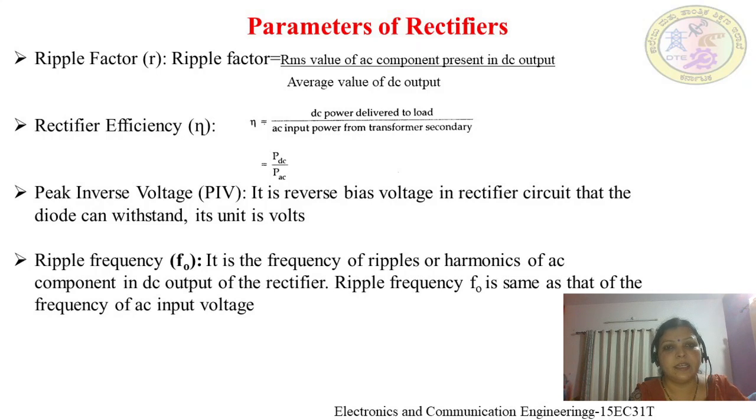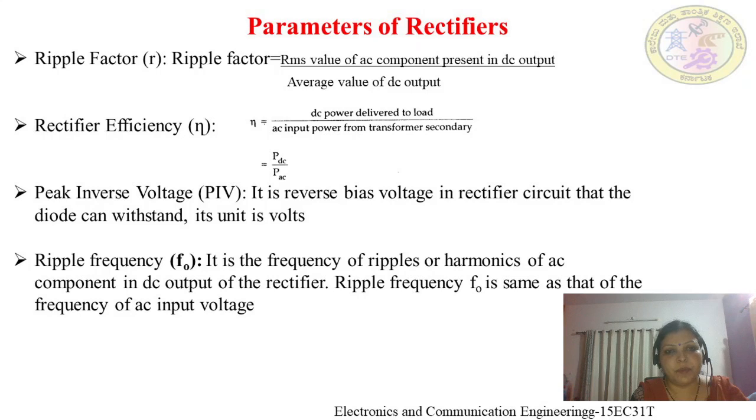Pulsating in the sense it is composed of a larger amount of AC component present in it. So it is called the ripple factor. Ripple is nothing but a noise associated with the output of a rectifier. So it should not be there.